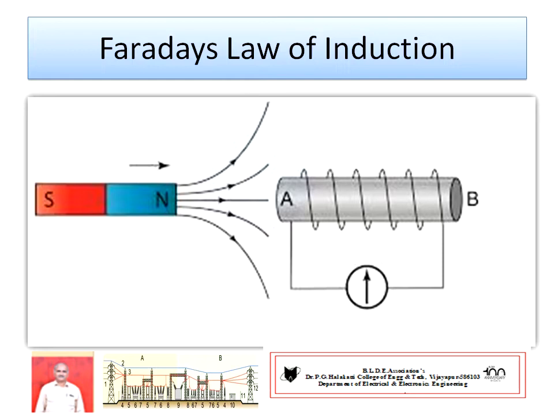To understand this concept, we have to take a bar magnet as shown in the figure. It is placed near a coil wound with n number of turns. It is connected to a sensitive voltmeter or ammeter as shown in the figure. Whenever the bar magnet is in motion, slowly approaching towards the coil, what happens?